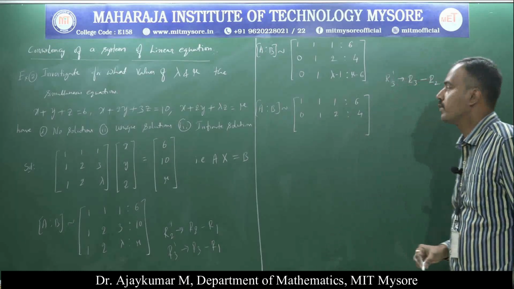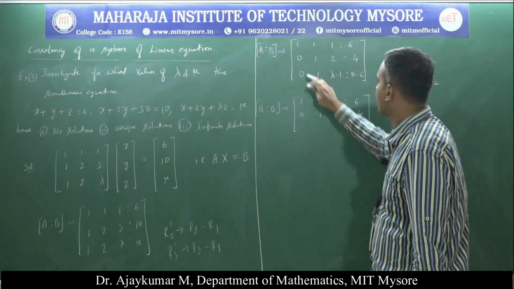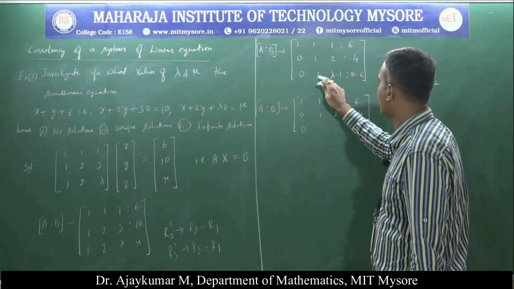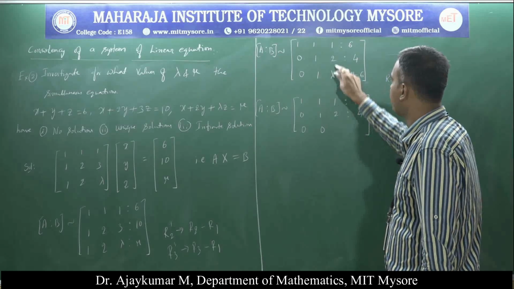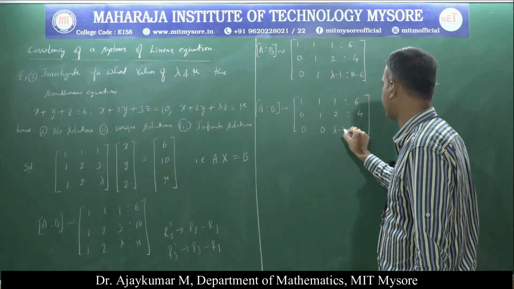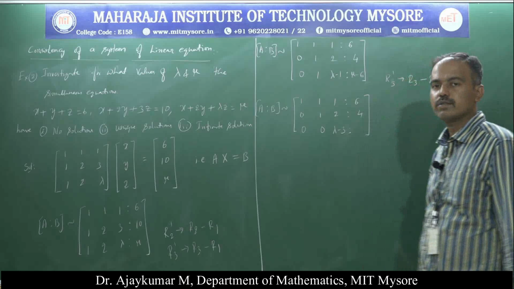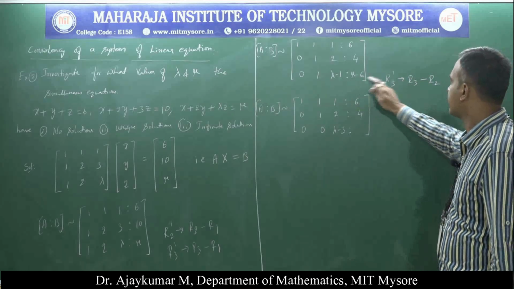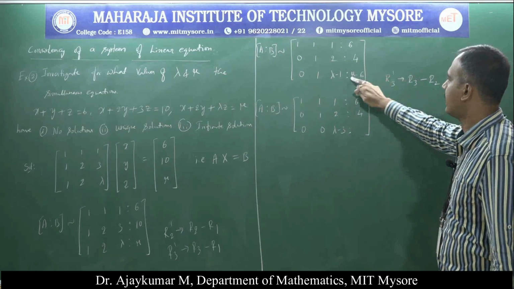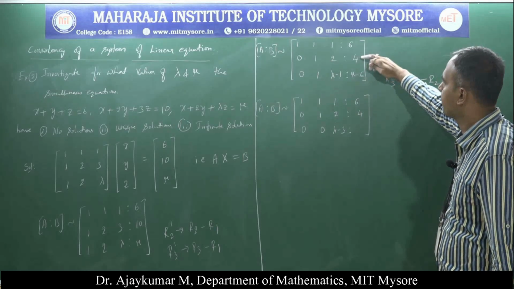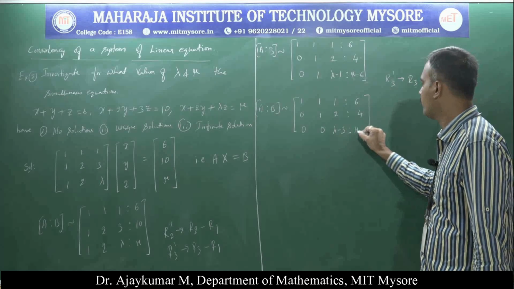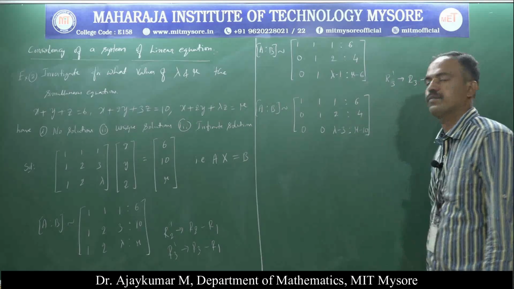In the third row, 0 minus 0 is 0, 1 minus 1 is 0, lambda minus 1 minus 2 is lambda minus 3, and mu minus 6 minus 4 is mu minus 10.